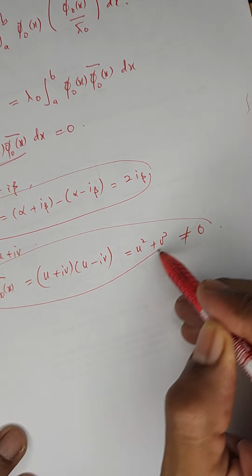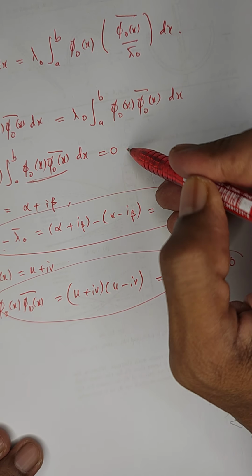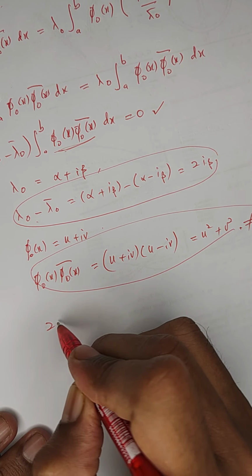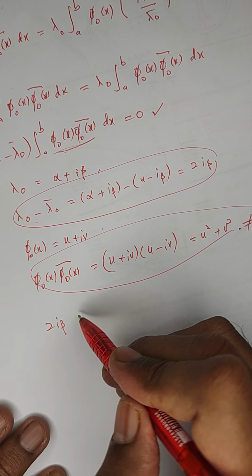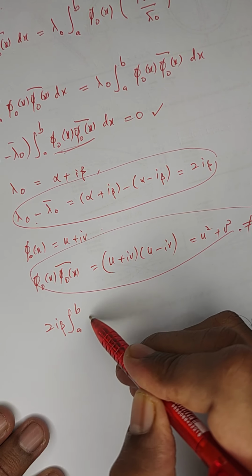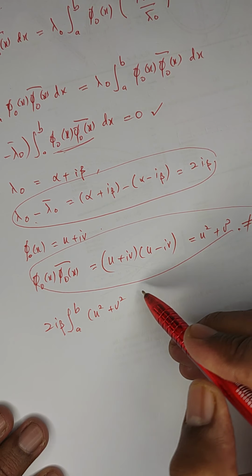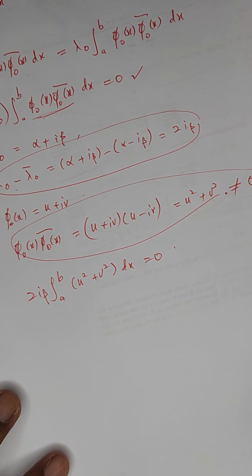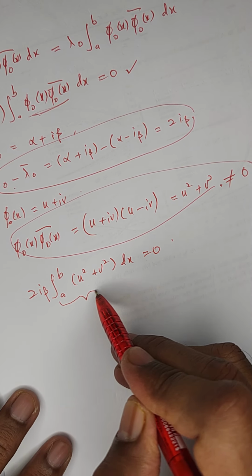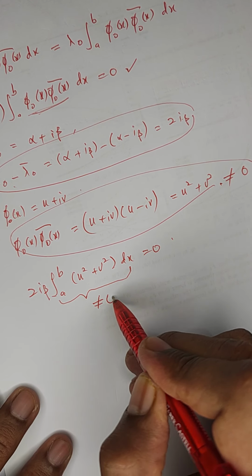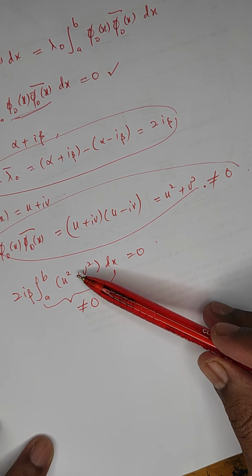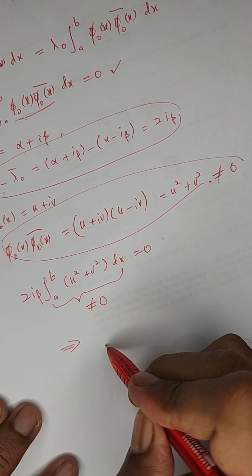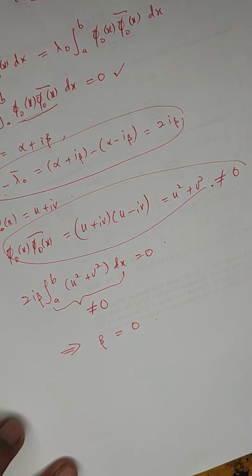Alright, so if you substitute these values into this equation, what we have is 2i beta integrate a to b u squared plus v squared dx equal to 0. Since this part cannot be 0, beta is just 0.